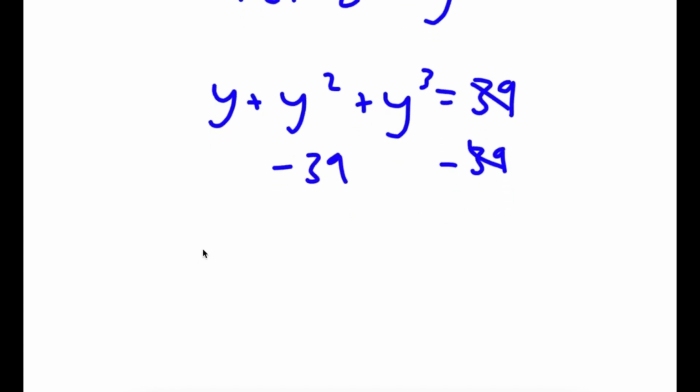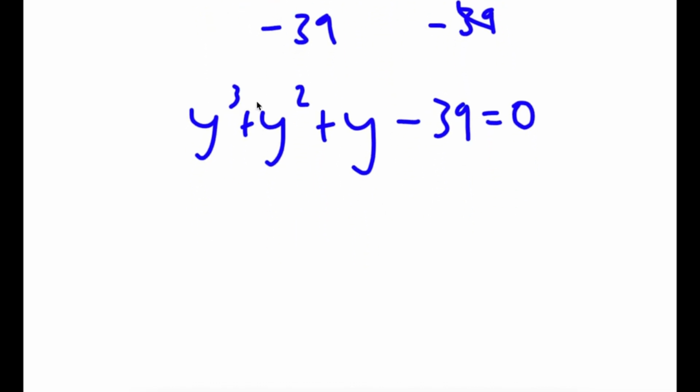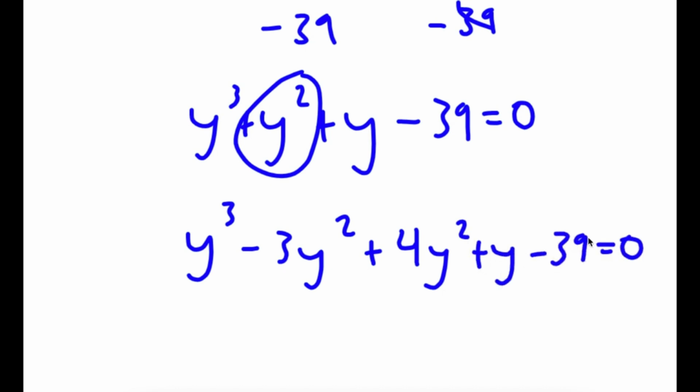So these two cancel out, and now I have y to the power of 3 plus y to the power of 2 plus y minus 39 is equal to 0. Now I'm going to rewrite y squared here as negative 3y squared plus 4y squared. So I have this plus y minus 39 is equal to 0.